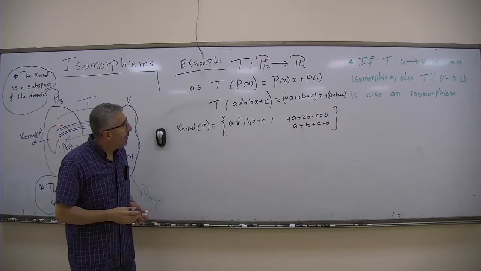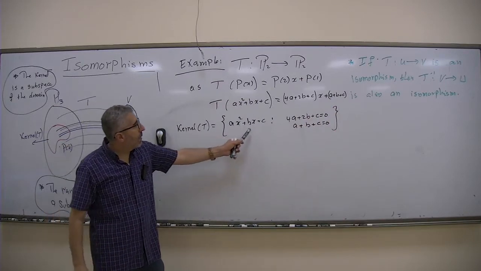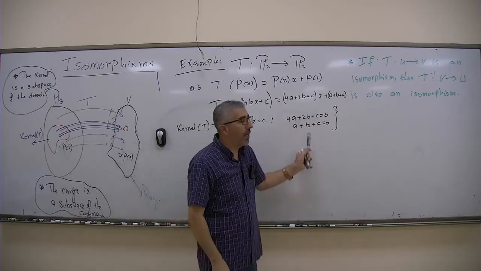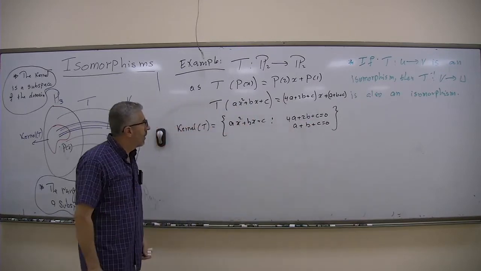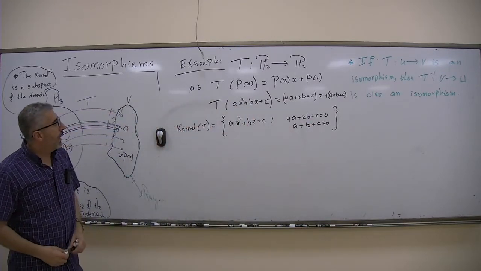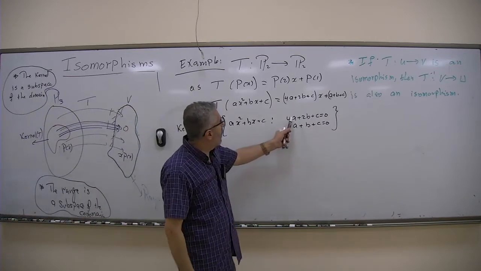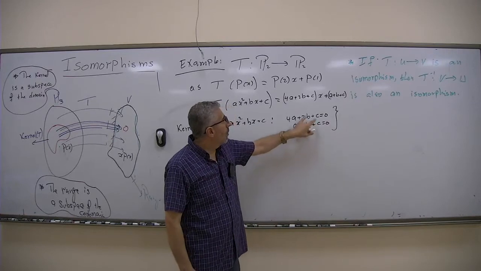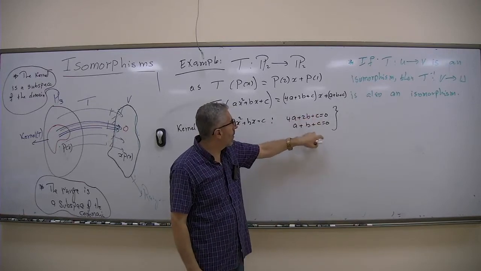So you need to think about all polynomials in which the coefficients satisfy those two equations, correct? Well, here you have three coefficients, three constants, but you have two equations, so you need to solve this homogeneous system, correct?